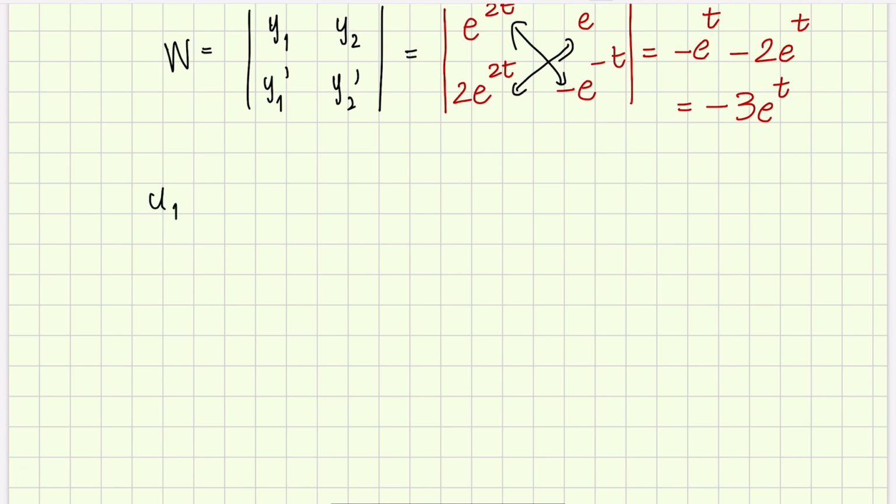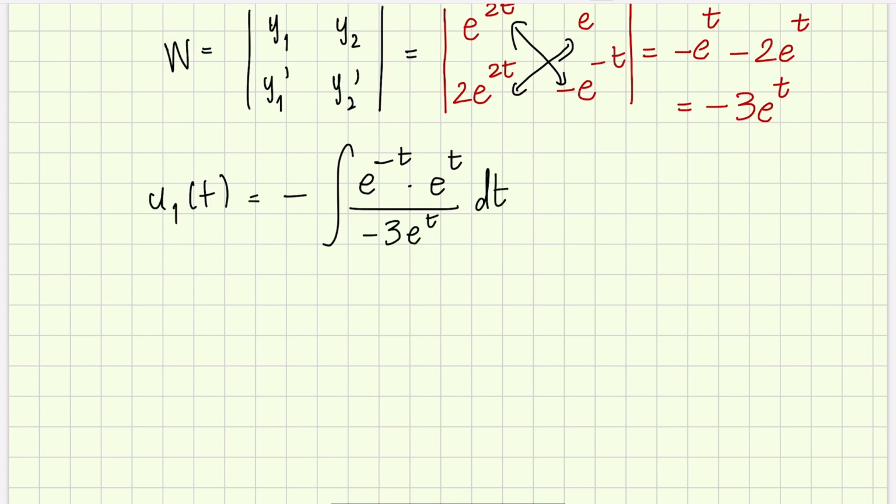So we can go ahead. So u1 becomes e to the power negative t, which is y2, times e to the power t, which is s of t, all over the Wronskian, which is negative 3e to the power t dt. Now it's just simple math and a bit of integration.